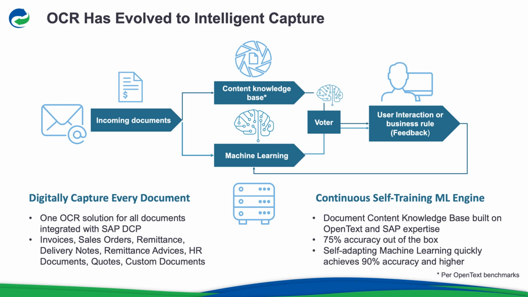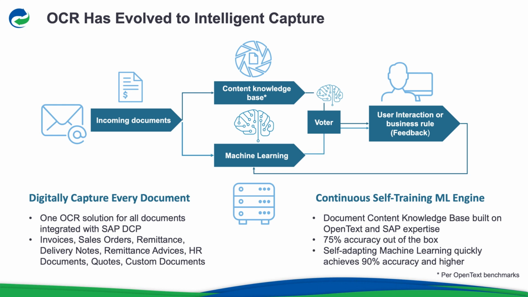I mean, think about expanding machine learning OCR capabilities to your order to cash processes by automating your incoming orders, or on the accounts receivable side, automating your incoming remittance advices. Or why not automatically create goods receipt out of incoming delivery notes?